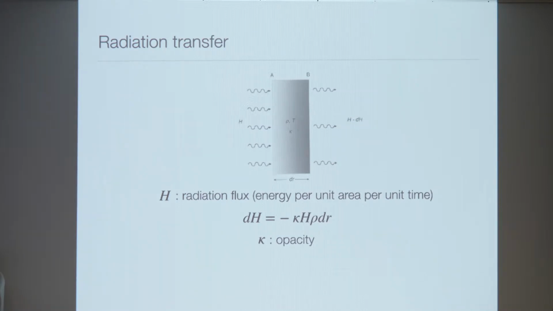And if you think about how much momentum is gained by this object, that will be just given by the flux taken by this object divided by c. That's the momentum of the radiation taken by this object.